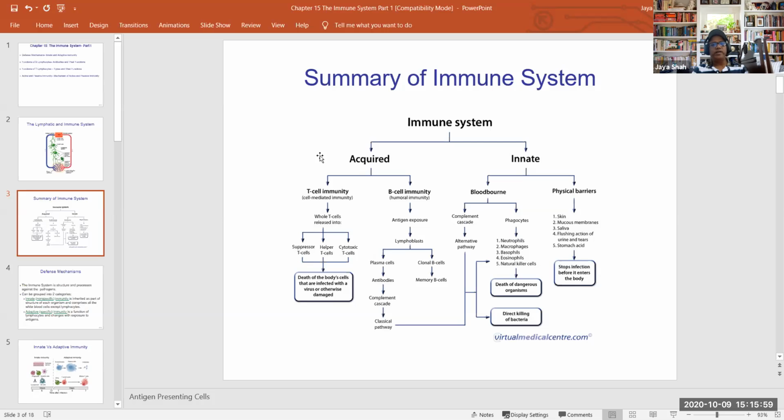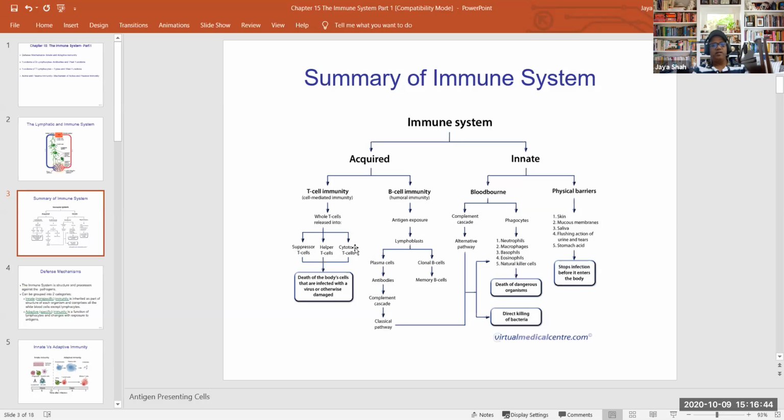That's why acquired immunity is the function of T cells and B cells. And acquired immunity is divided into two groups: T cell immunity, which we also call cell mediated immunity, and B cell immunity, which we call humoral immunity. When a T cell or T lymphocyte is exposed to antigen, the whole T cell is released into three kinds of cells: suppressor T cell, helper T cell, and cytotoxic T cells.